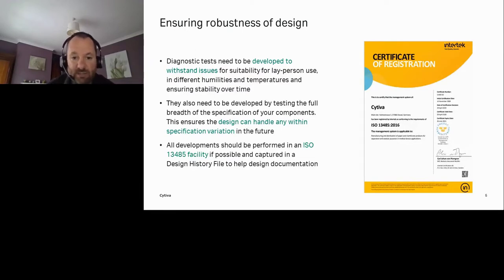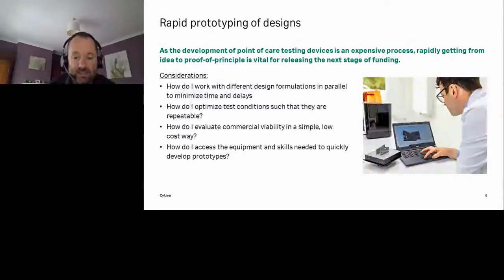So if you can have someone further down your process, your development partners or your component suppliers who are qualified to the same standard, it can significantly reassure your risk process. You've got quality products, but also it can help with audit trails and traceability of design history files at a later stage.